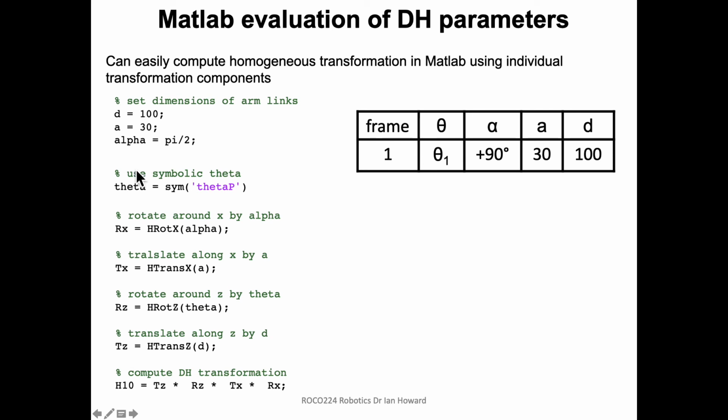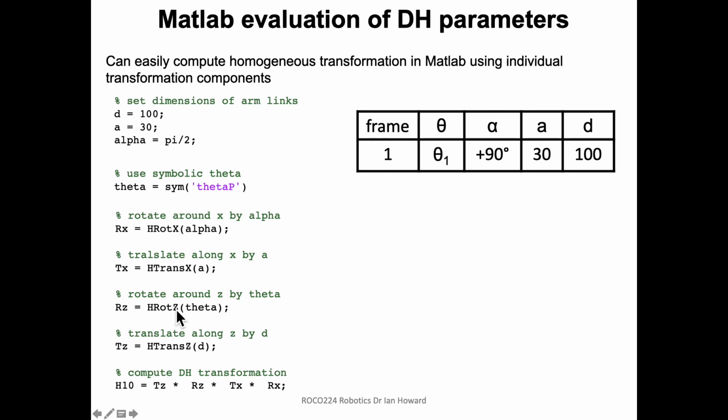These are functions that I wrote that give you the homogeneous transformation for a rotation around x, a translation along x, a rotation around z, and a translation along z.